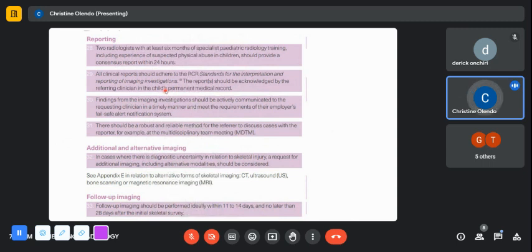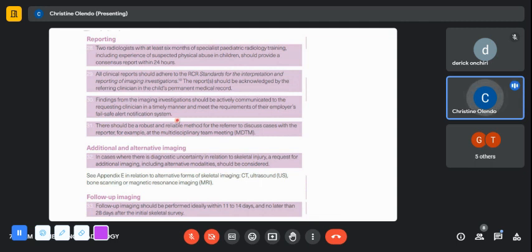And then for the reporting, you need two radiologists with at least 6 months of specialist pediatric radiology training who will give their consensus report within 24 hours. Clinical reports should adhere to the standards for interpretation and reporting of images, from the clinical data and presenting complaints to your findings and conclusion.